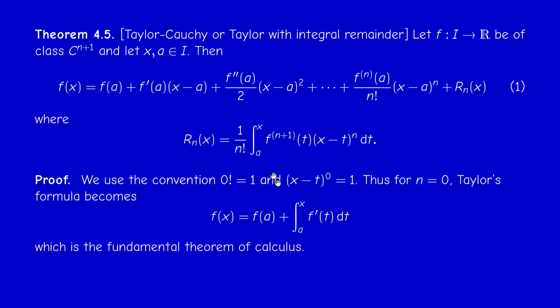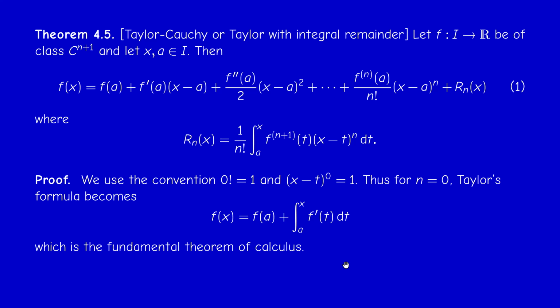Now the remainder in this case is just 1 over 0 factorial, which is by convention 1, times the integral of, so n equals 0, this is just f prime, and this is just 1 because it's (x minus t)^0. So for n equals 0, the statement is correct because this is just the fundamental theorem of calculus, just saying that the integral from a to x of f prime is just f of x minus f of a.